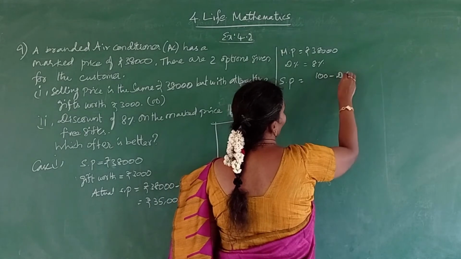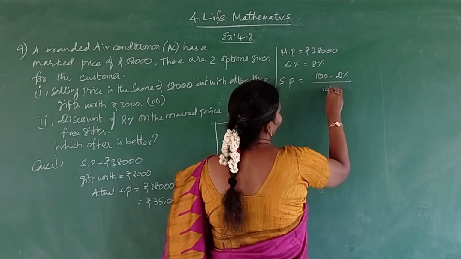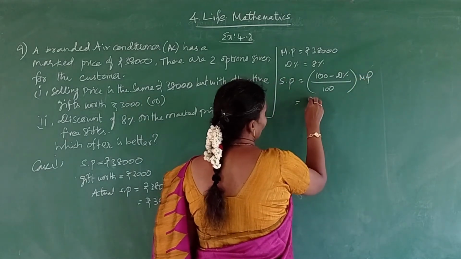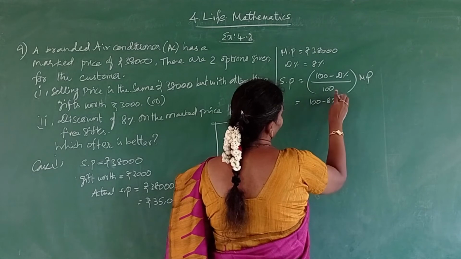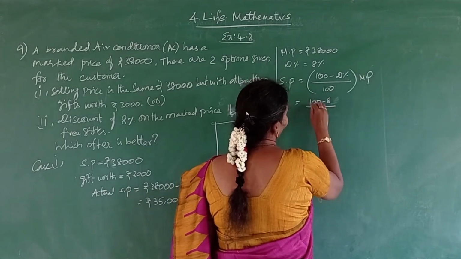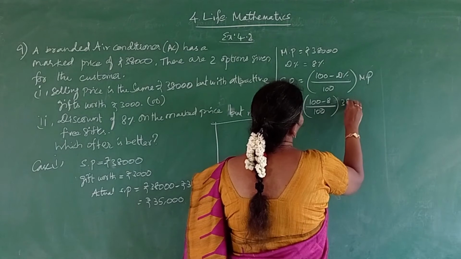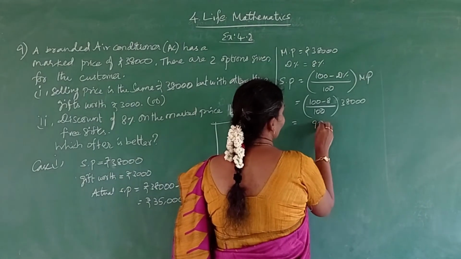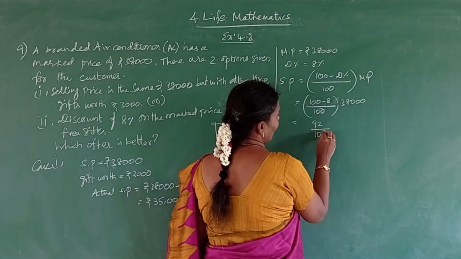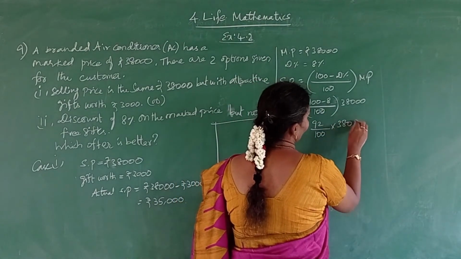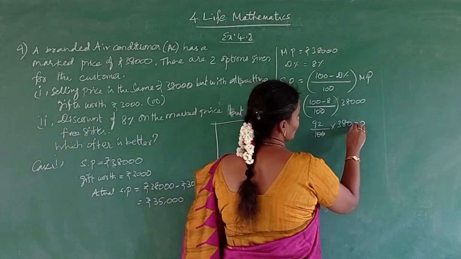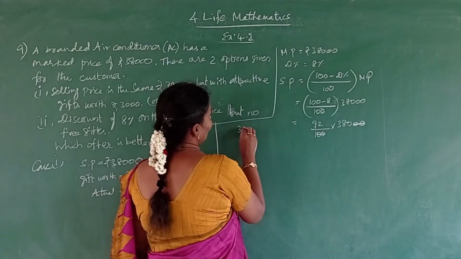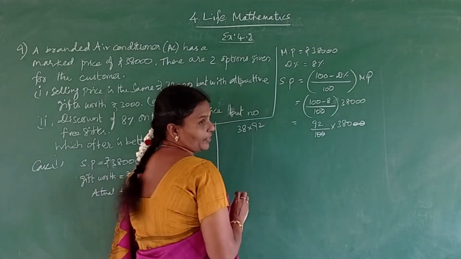(100 minus discount percentage) by 100 of MP. So 100 minus 8, that means 92 by 100 multiplied by 38,000. Two zeros cancel. You can multiply 38 into 92.